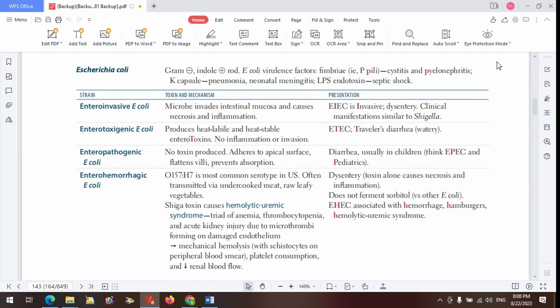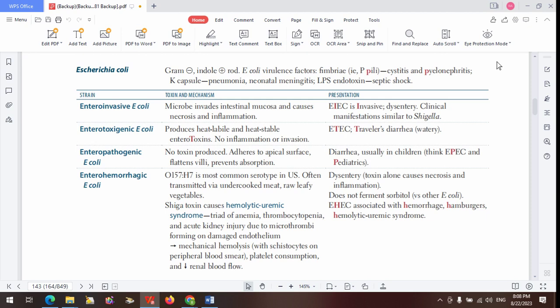So we started with E. coli yesterday, and we said E. coli is one of the gram-negatives that is indole positive because it has the enzyme that allows it to convert tryptophan to indole. It has three major virulence factors, which include the fimbriae, the K capsule, and the endotoxin.